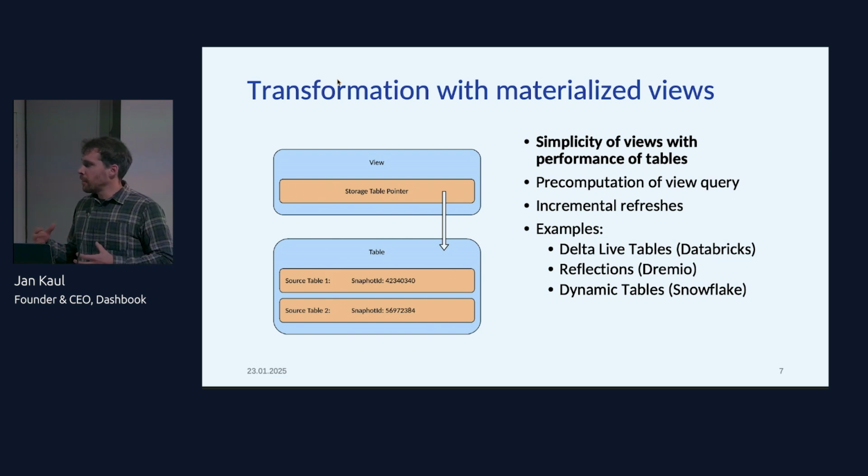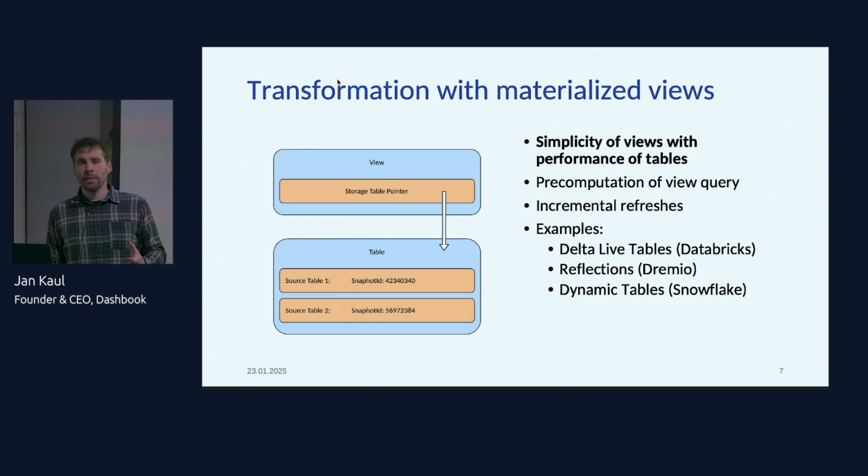And since there's such a nice combination of simplicity of use and the performance of tables, we see more and more materialized view-like products being introduced in the industry. We have Delta Live Tables from Databricks, reflections from Dremio, and dynamic tables from Snowflake, which are all kind of the same concept as materialized views.